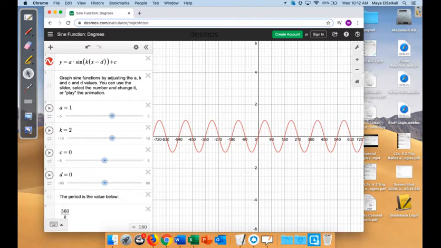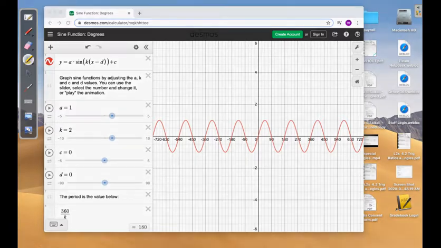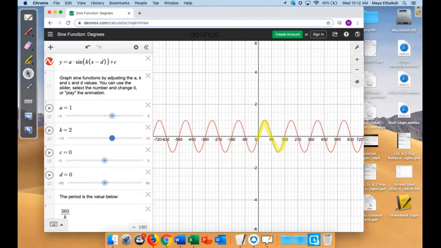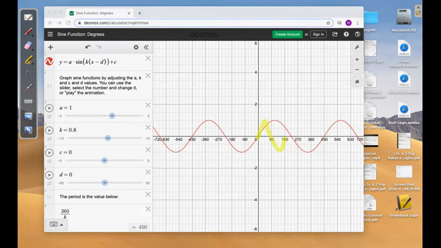If you look at this right here, I have one whole period. So before, when k was equal to 1, I'm going to draw this one in a different color so you can compare the two.